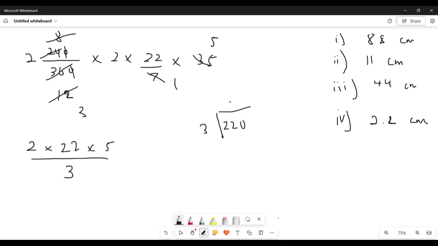So that's 73, then 3 times 3 is 9, 1. So again 3. So it's 73.3 because it's recurring, right? Keeps on being the same.